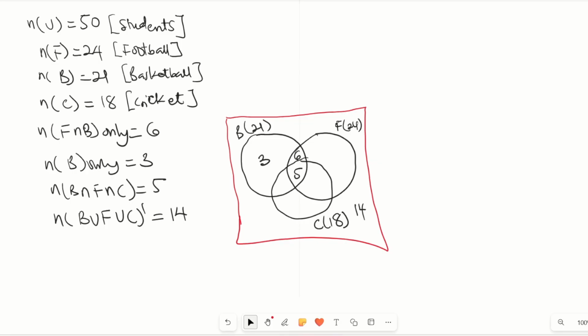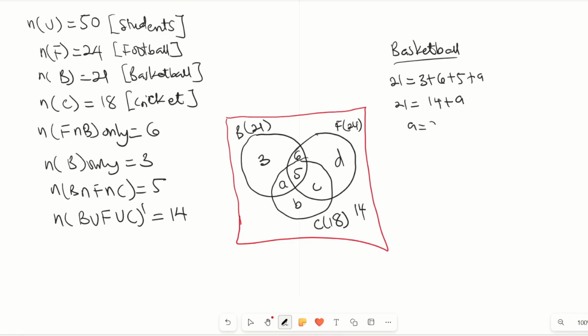So we can represent the rest with variables. Let's call this A, let's call this side B, C, and D, right? So when we consider the region for basketball, we can see that 21 is equal to 3 plus 6 plus 5, and then plus A. We know 3 plus 6 gives us 9, 9 plus 5 gives us 14, plus A, right?